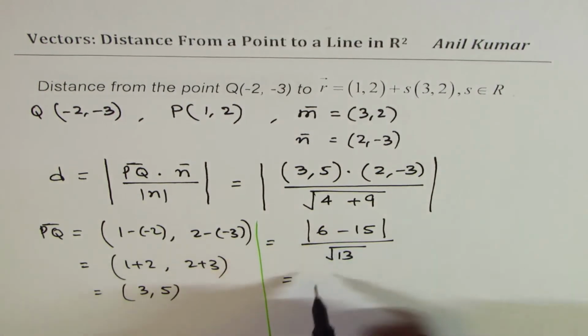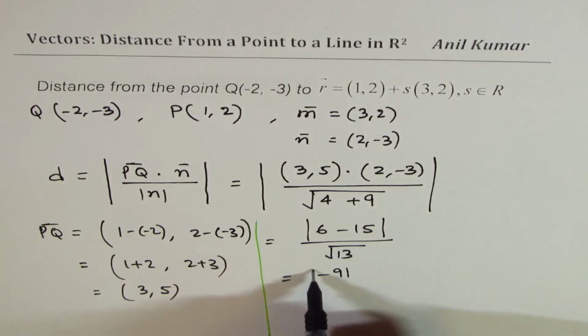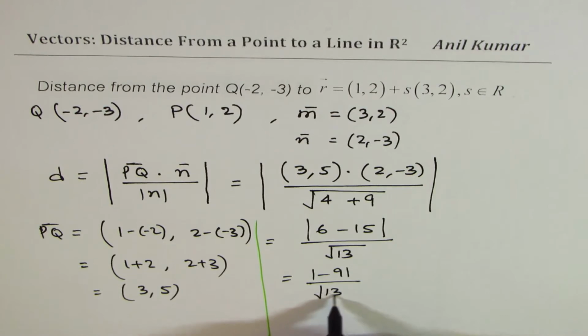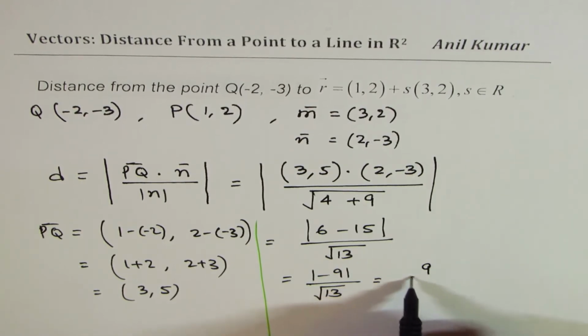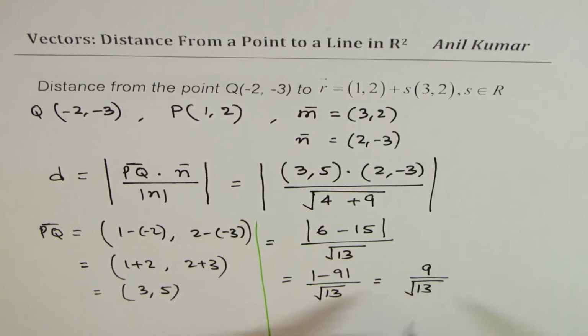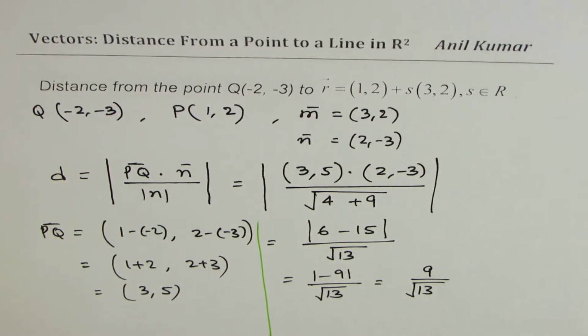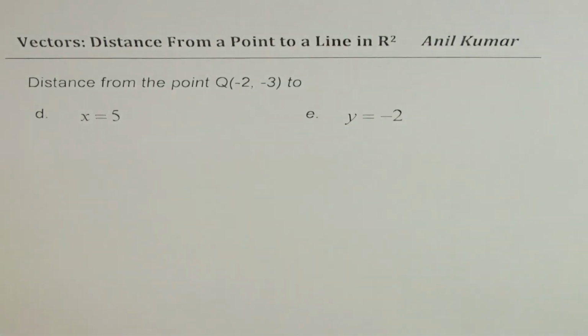We have to make it positive, right? So we have -9 over square root 13, which is 9 over square root 13. Is that clear? Right?